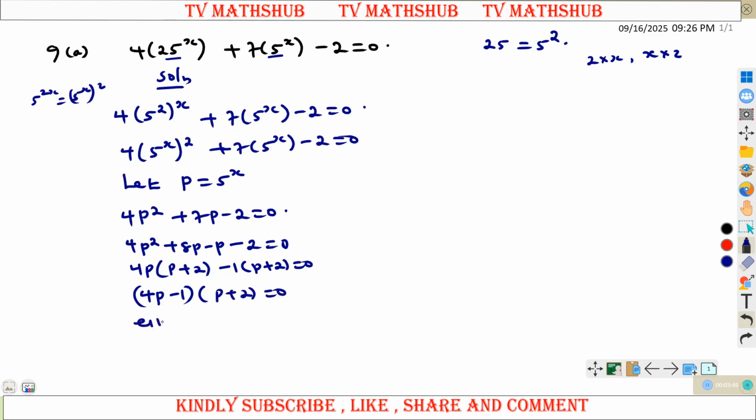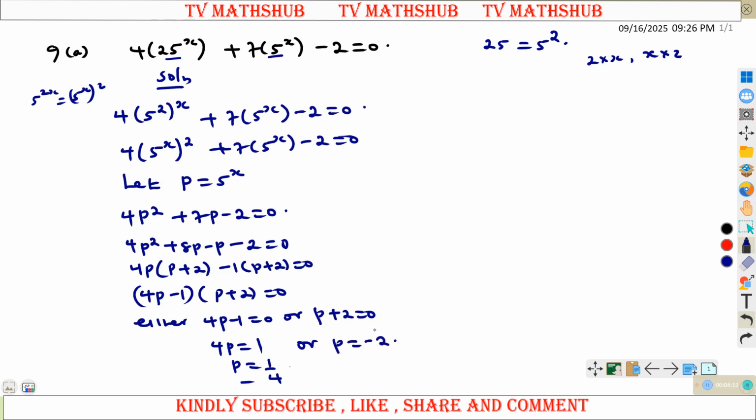Either 4p minus 1 is equal to 0, or else p plus 2 is equal to 0. Looking at this, we can easily get the value for p. We say 4p is equal to 1, and p becomes 1 over 4, or else p will be negative 2.